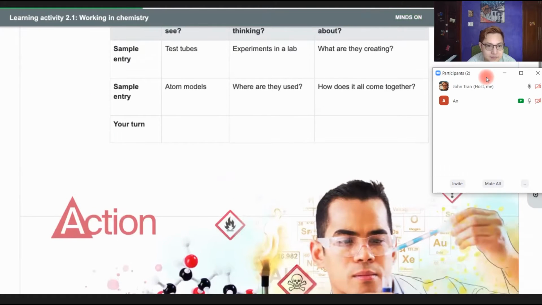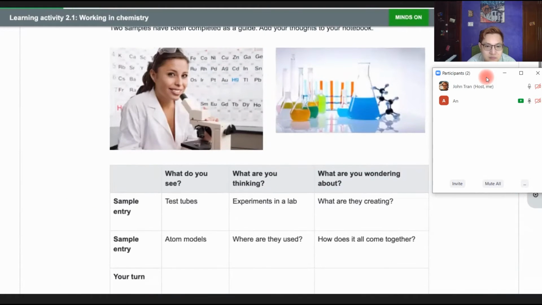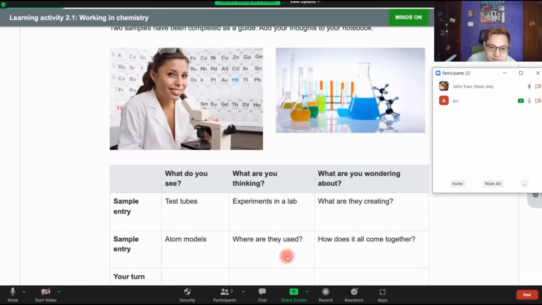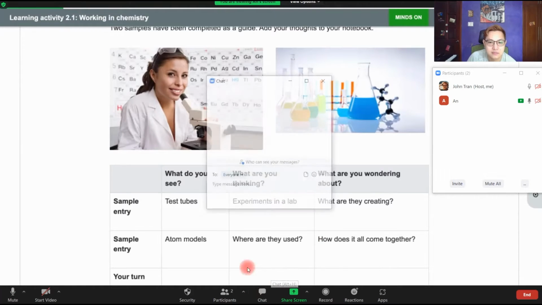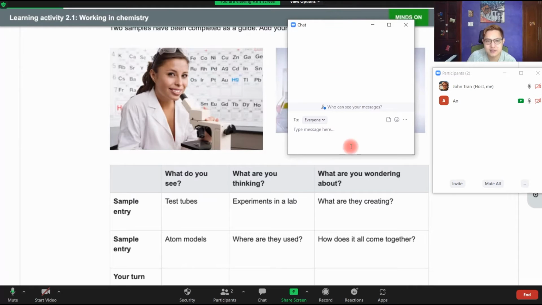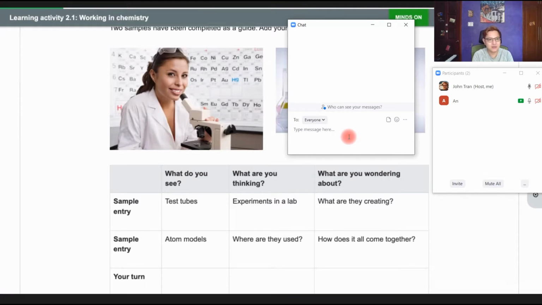What do you see there? There's all these charts. It's called the periodic table. Is it the first time you're going into chemistry? Yeah, first time.